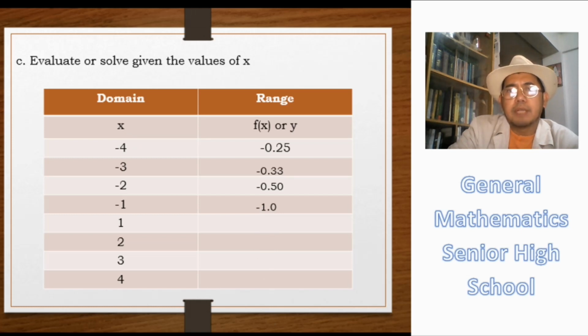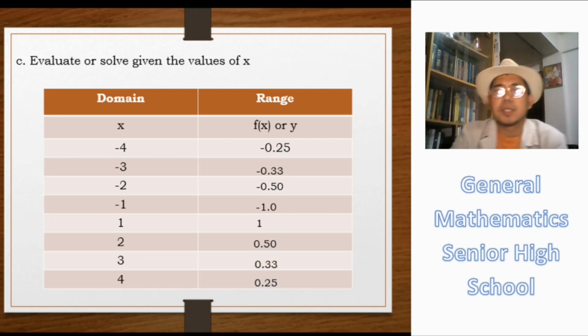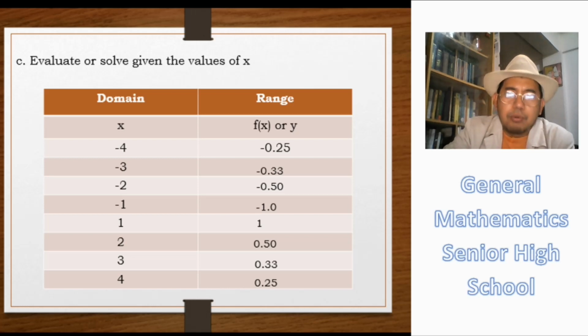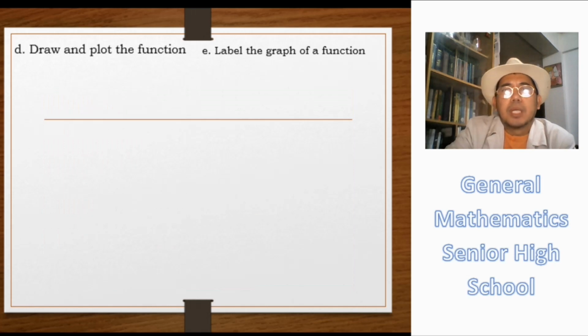Continuing the evaluation, I have in here now the possible values of f of x. So after having now the values of f of x or y, or shall we say the range, I am ready now to draw and plot the function.